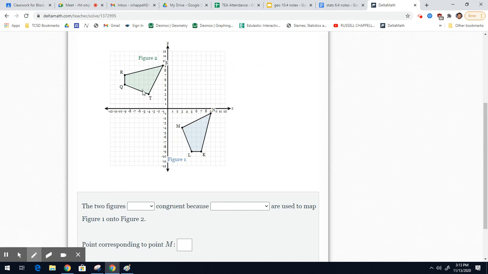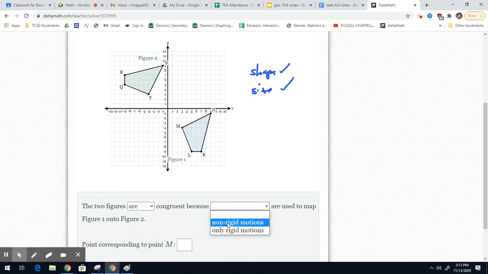Well, to me, these two figures do look like the same shape, and they look like the same size to me. So I think there is going to be a way to map one onto the other. Again, I'm looking for the shape. Are they the same? And the size. I'm going to check, check. So I believe that they're going to be congruent.